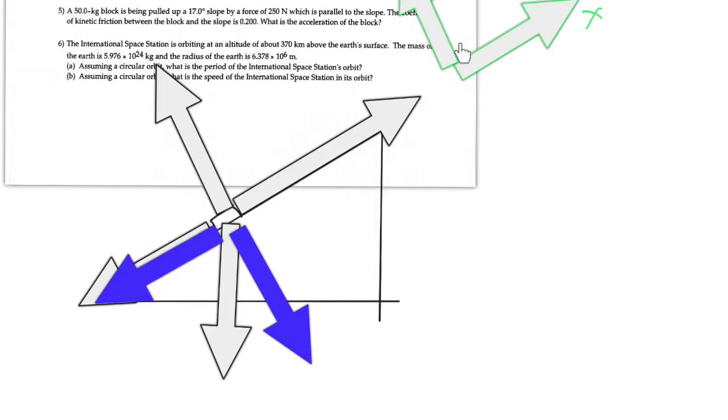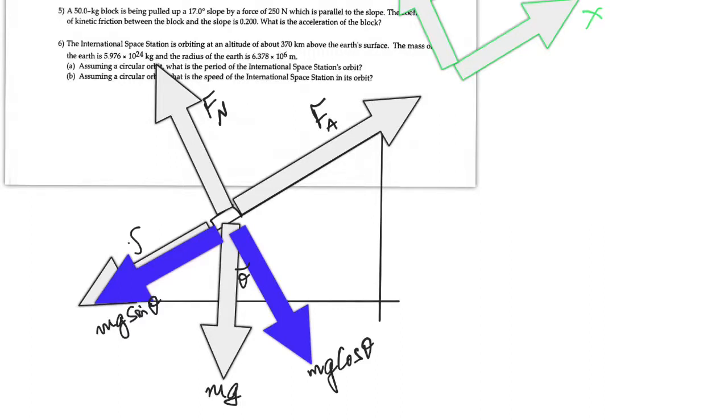And now, since this is the x and the y axis, we are resolving the weight into its two components, mg cosine theta here and mg sine theta along the horizontal. Once we do that, we got all our forces either along the x or the y.